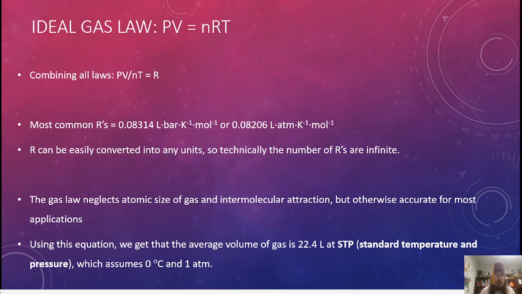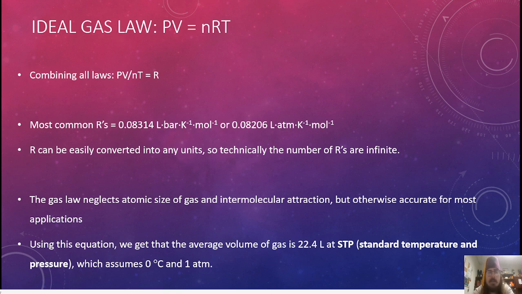These units will convert a bar and a liter, or atmosphere and a liter, to the other units of n and T. However, we could easily calculate what the R would need to be for a torr. What would the R need to be for a Pascal? So technically, you could do an R for any unit of pressure. But we're going to stick with the 2 most common so we don't have to calculate them.